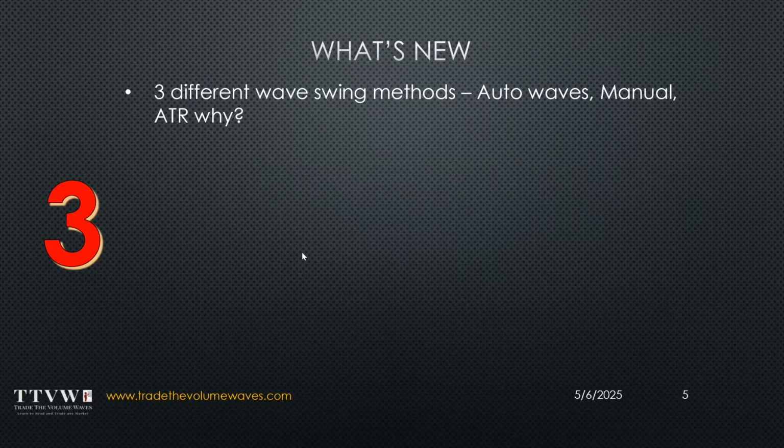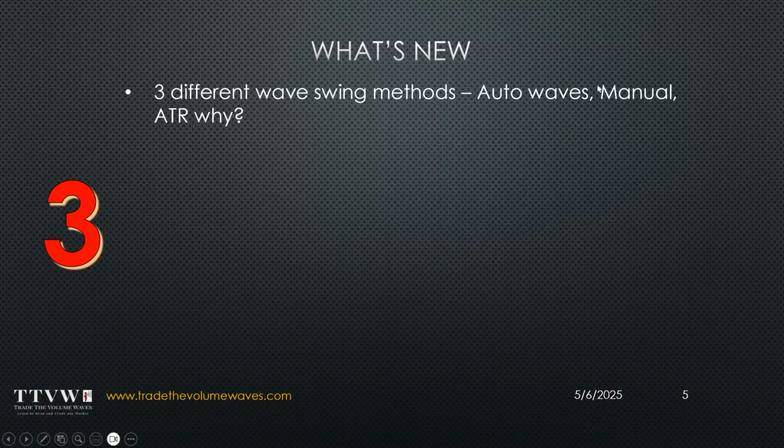Let's go to number three. Three different wave swing methods in the new version. In the previous version 5.2, if I remember correctly, you had auto waves only. Now you got auto waves with a different algorithm, getting the swings much better.